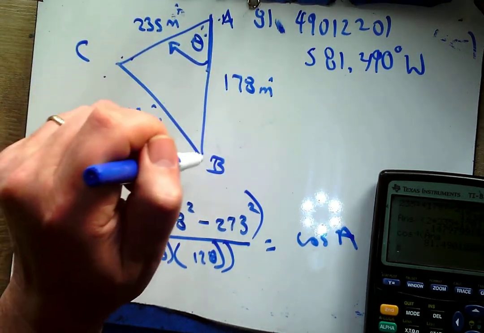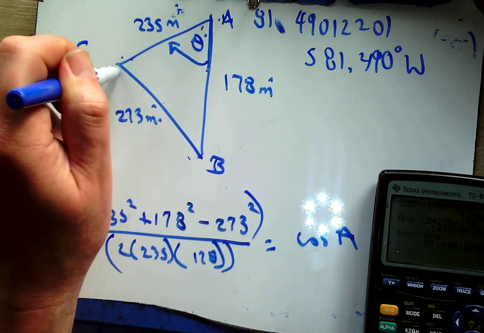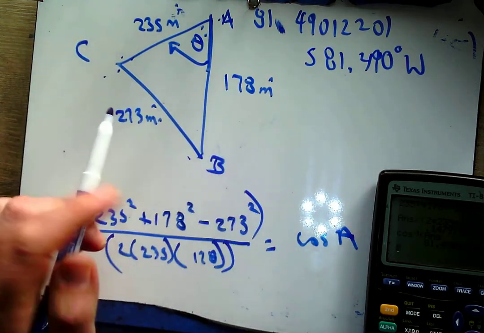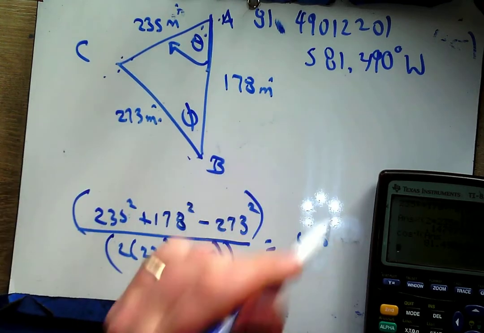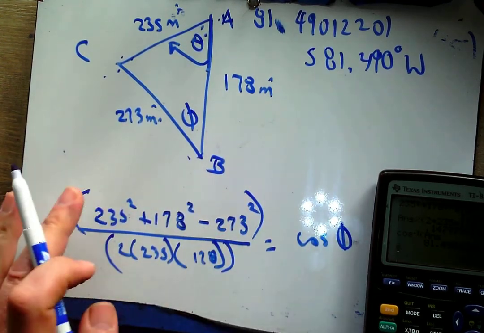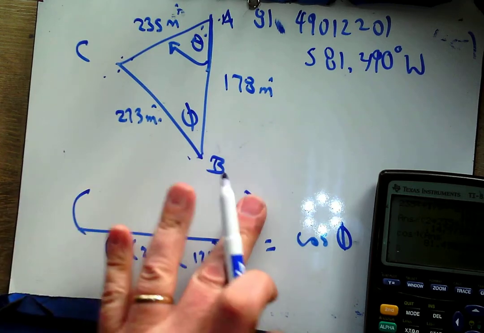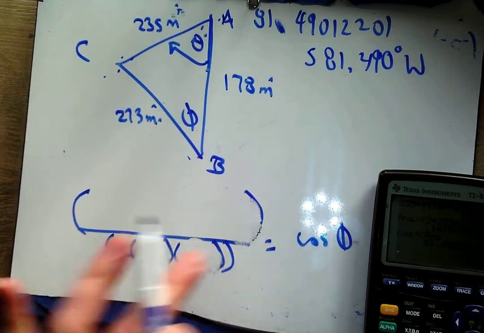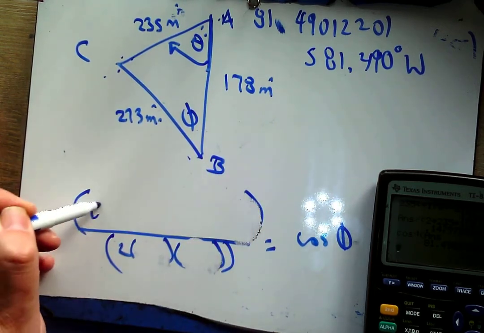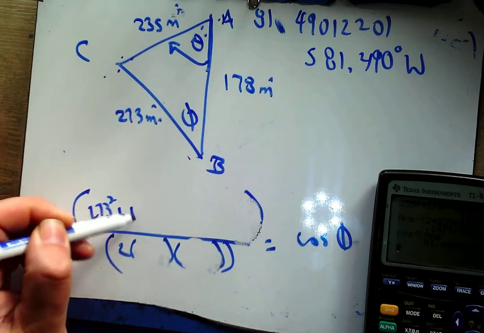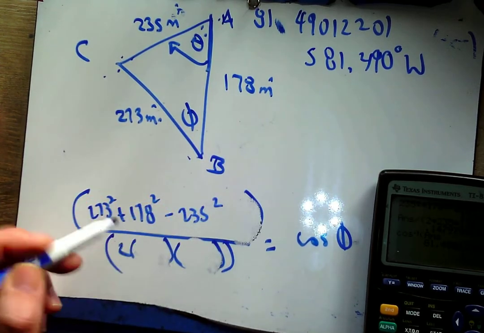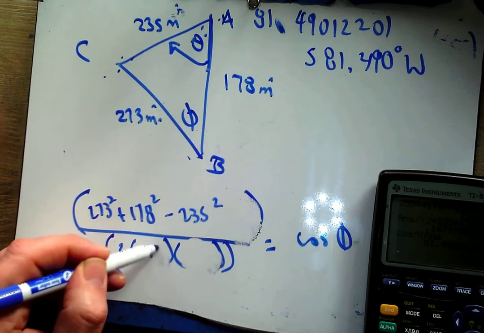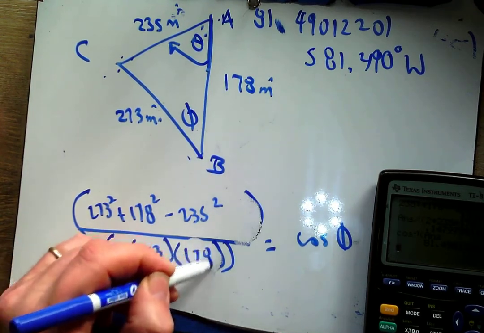But what if I'm going from B to C? Well, I think I'm going to do the same sort of thing. I'm going to find this angle phi by using my law of cosines again. This time we have 273 squared plus 178 squared minus 235 squared over 2 times 273 times 178.